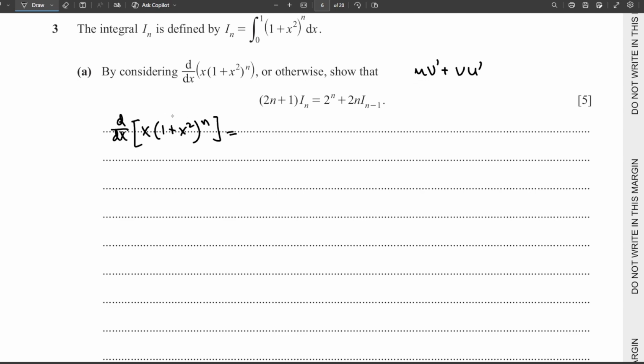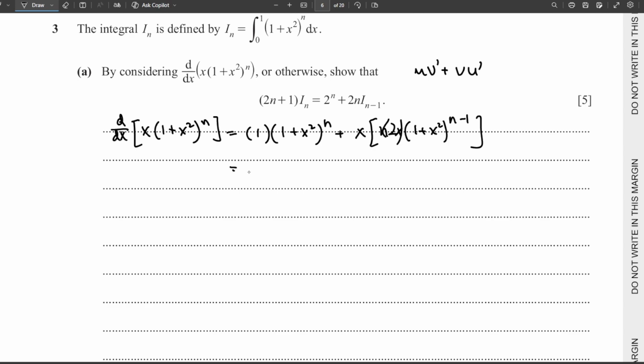We differentiate x first, so it's just 1, and we leave the (1 + x^2)^n. Then we add x, leaving it, and differentiate (1 + x^2)^n. This is a nested function, so we use the chain rule. We multiply by the power and take away 1 from the power, so n minus 1. Since it's a composite function, we multiply by the derivative of the inside function, which gives 2x.